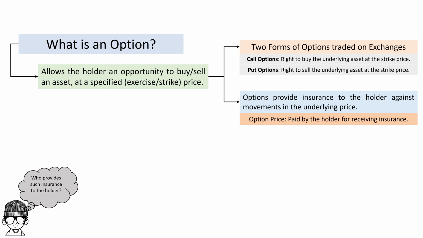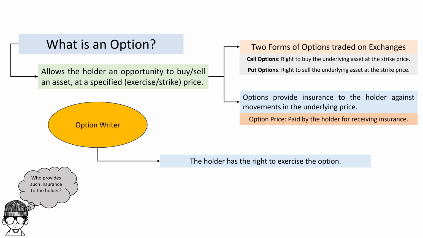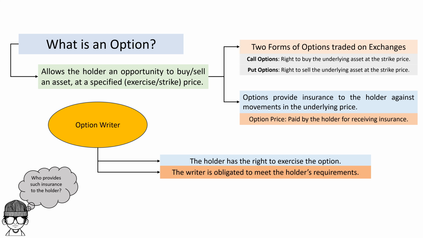Who provides such insurance to the holder? That would be the option writer or the seller. Remember, the holder has the right to exercise the option, but the writer is obligated to meet the holder's requirements when the option is exercised.